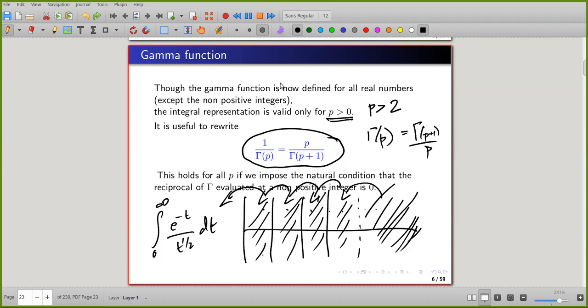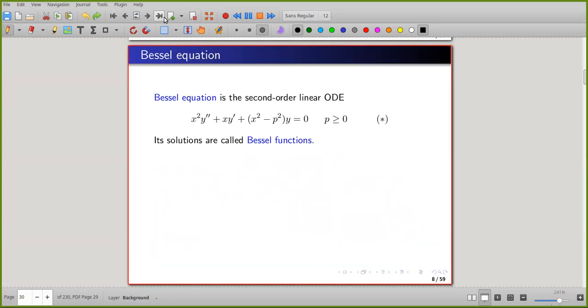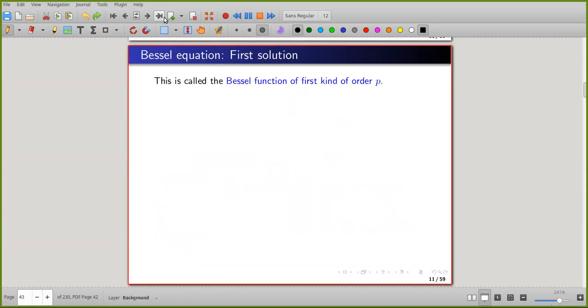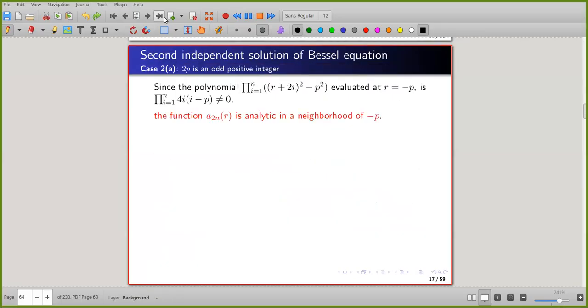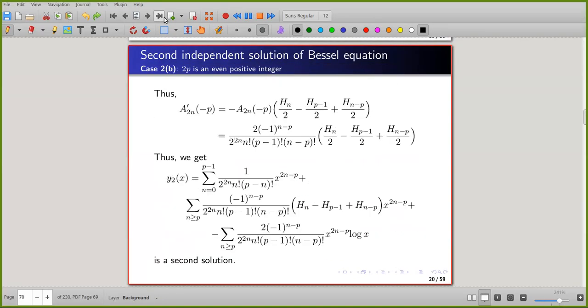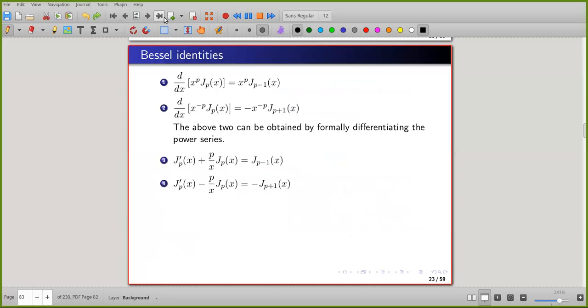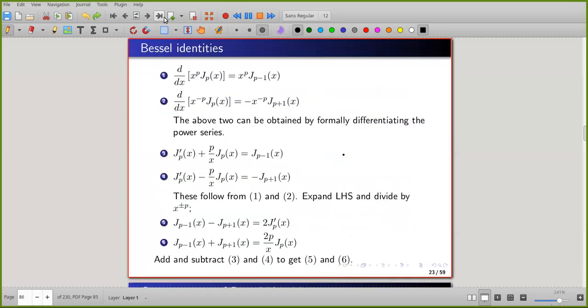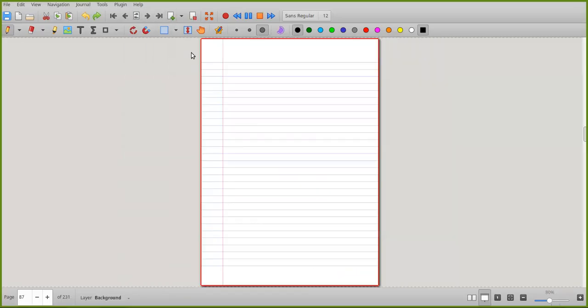So let me add a page over here, at the last page, and now I will write down all my discussions.